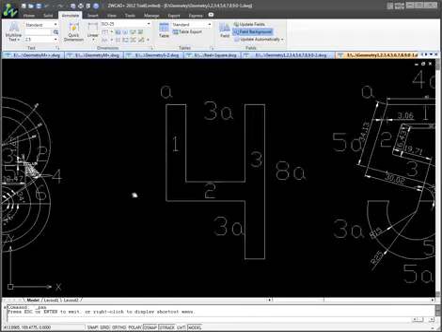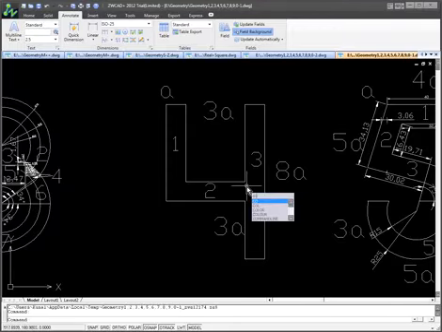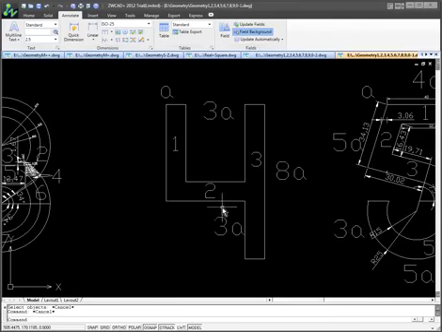I just put parameters, dimensions here: A, which is this one, 3A, which is this one, total is 8A, this is 3A, this is 5, 3A, 4A, and this is, I think, 4A, because I did not write that. I don't know why, but let's say this is 3A and this can be 4A.